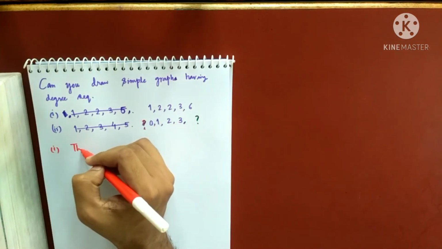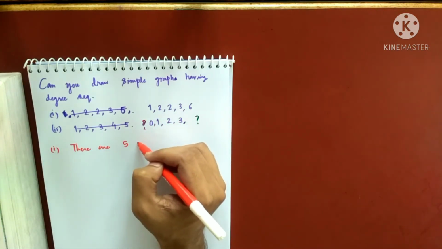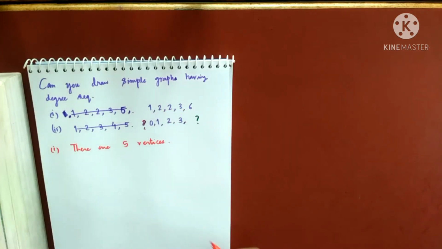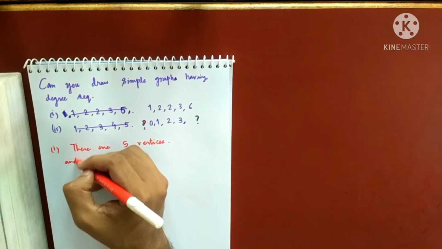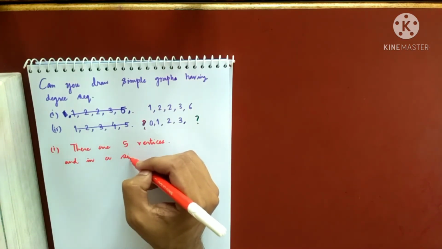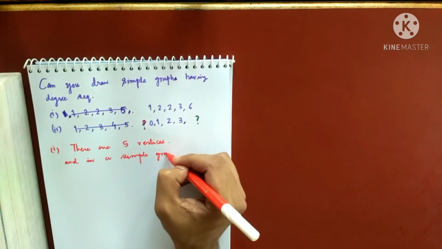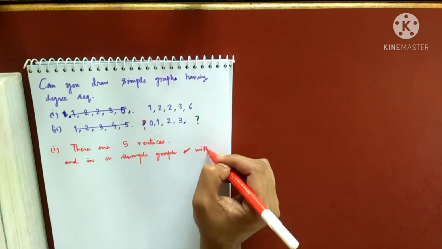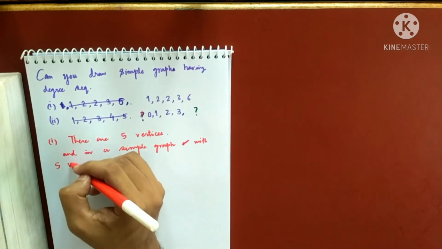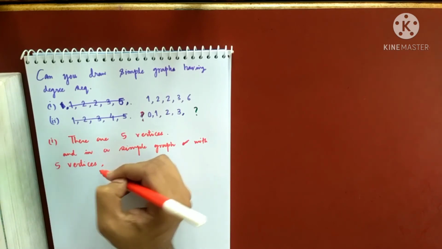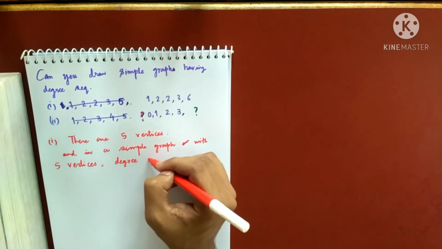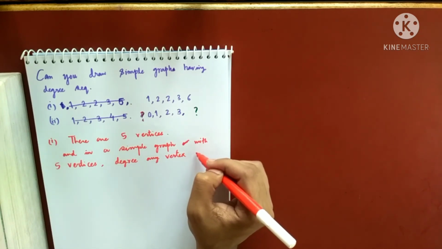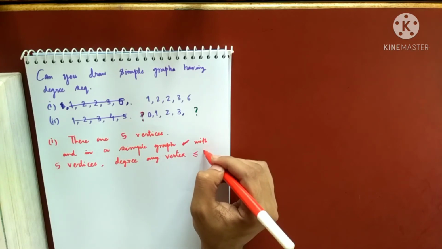there are how many vertices? There are 5 vertices, as you can see, 1, 2, 3, 4, 5. And in a simple graph with 5 vertices, what we know is that the degree of any vertex should be less than or equal to 4.